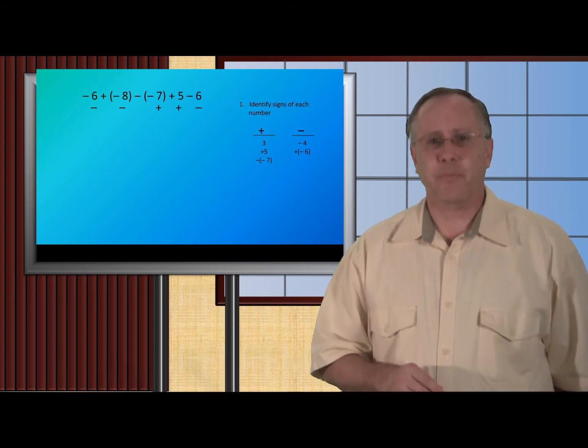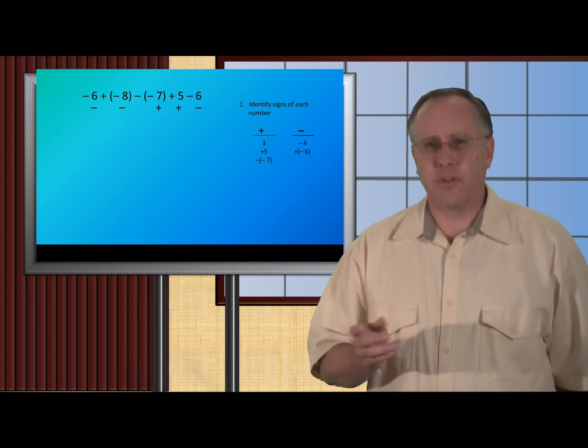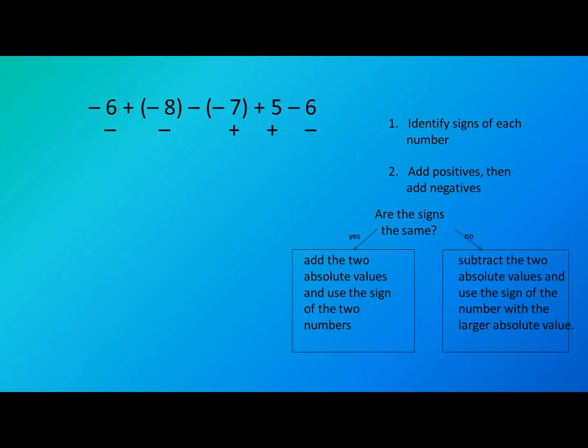Second step. I found that most people would rather add than subtract. It's just a little easier. And so we're going to take advantage of the fact that if we know that the numbers have the same sign, then we can just add those numbers and use the sign of those numbers. And so let's do that here. We're going to first of all add up all the positives, and then we're going to add up all the negatives.